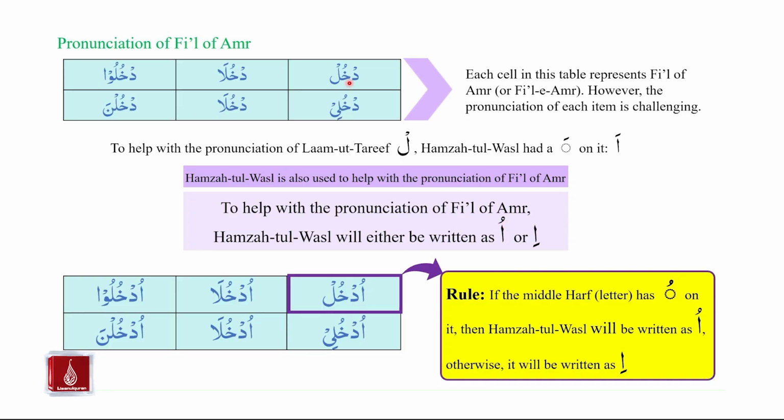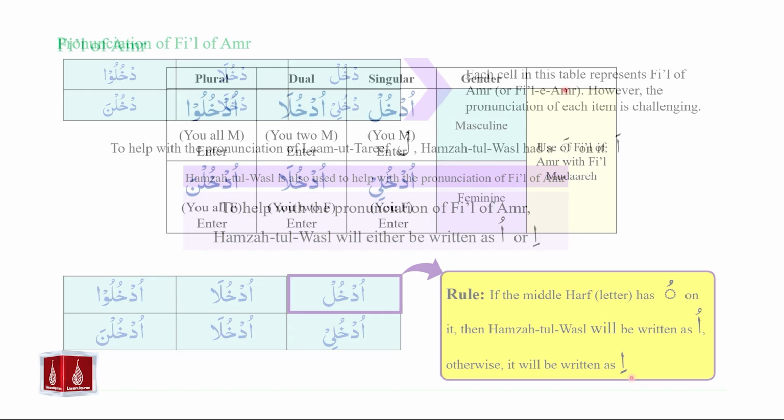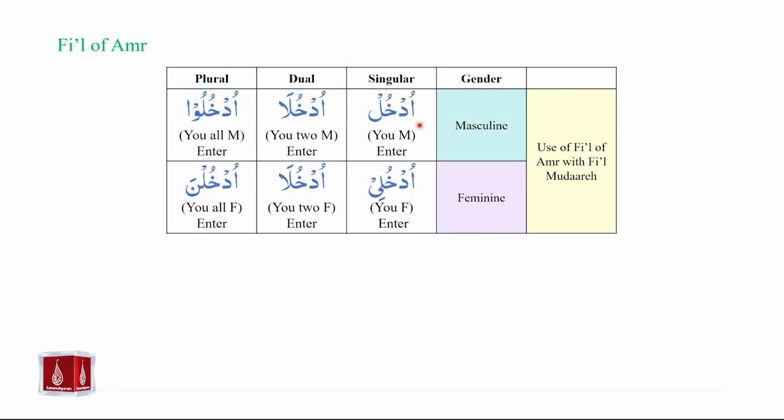If the middle letter of fail of amr does not have pesh on it, then we will use hamzatul wasl with zair underneath it. So with the addition of hamzatul wasl, our table of fail of amr will be as follows. Udkhul, udkhula, udkhulu, udkhuli, udkhula, udkhulna.